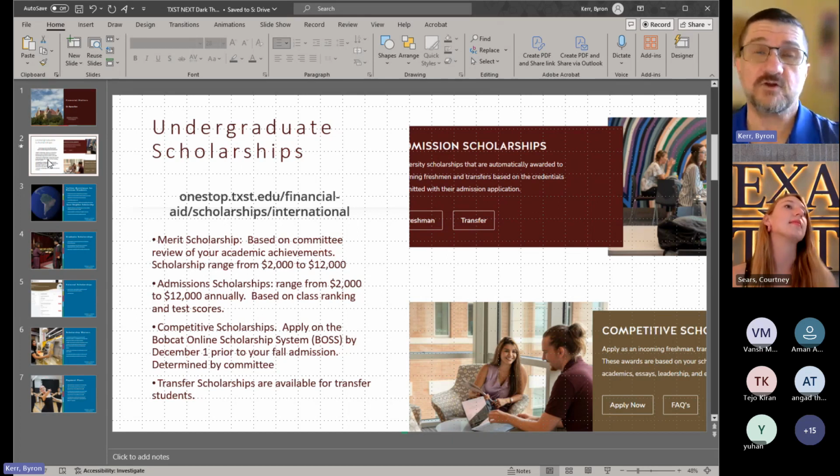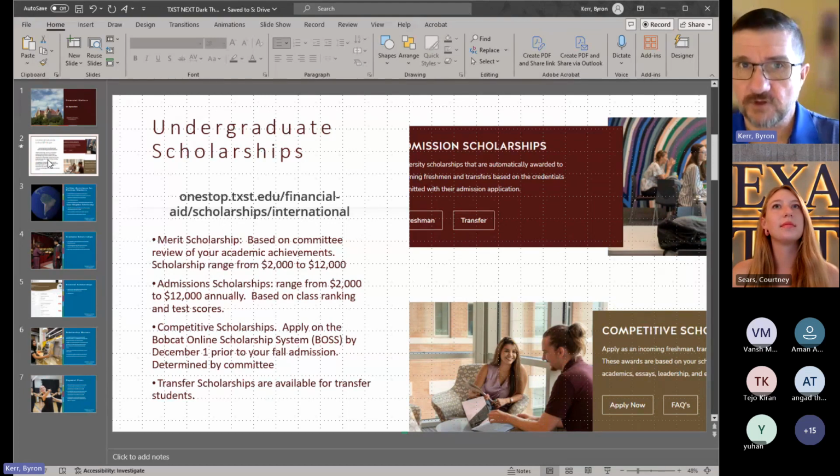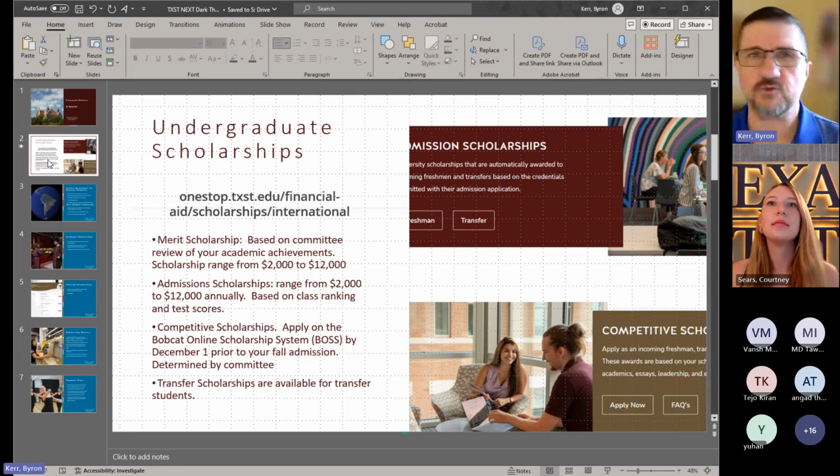So the merit scholarships are based solely on your secondary transcripts academics, your class ranking, and then even inside the class ranking, they're being reviewed for what sort of coursework you may have been taking. This is reviewed by a committee. The committee then will, based on that data, offer scholarships ranging from $2,000 to $12,000 annually.